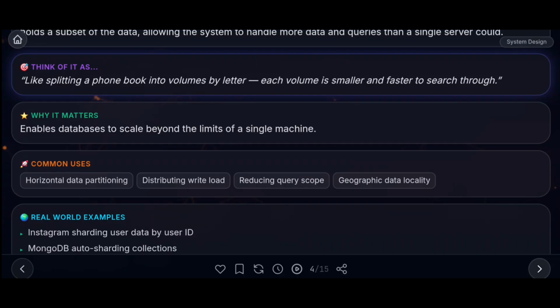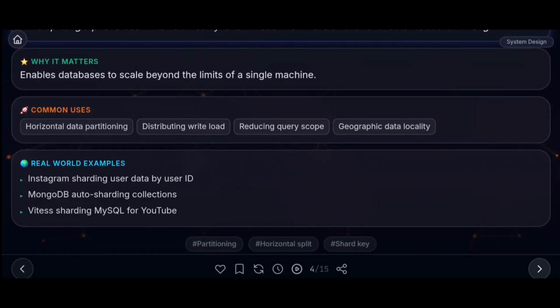Some common uses of database sharding: horizontal data partitioning, distributing write load, reducing query scope, and geographic data locality. Some real world examples are Instagram sharding user data by user ID, MongoDB auto sharding collections, and Vitess sharding MySQL for YouTube.